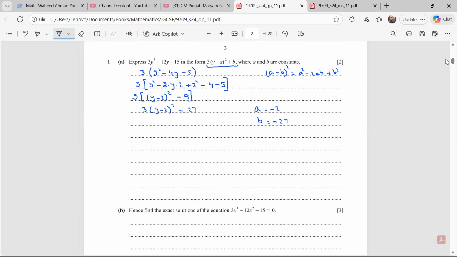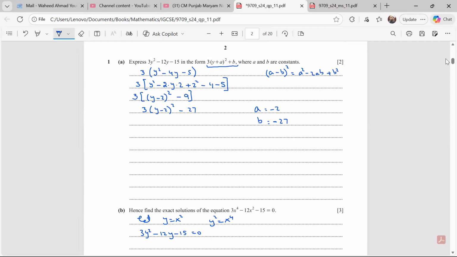Okay, so what I will do, let me replace y with x square. So y square will be x power 4. So this expression will become 3 times x power 4, which is y square, minus 12y minus 15 equal to 0. Now this is exactly same as this previous expression.